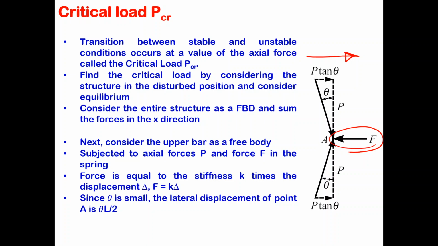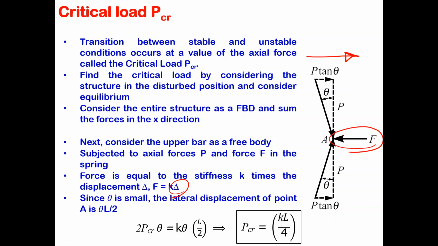And since theta is very small, the lateral displacement of point A, that delta, is actually, as we have seen before, can be assumed to be theta L over 2. Okay, so we write the force balance: 2 multiplied by P critical theta is going to be K theta multiplied by L over 2.